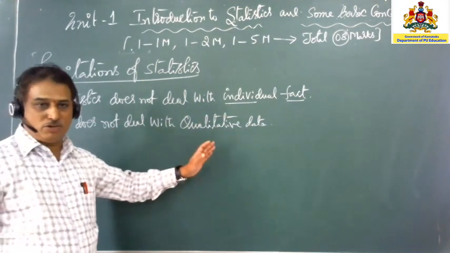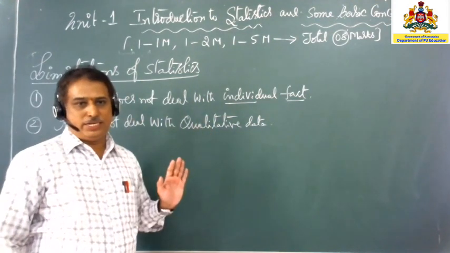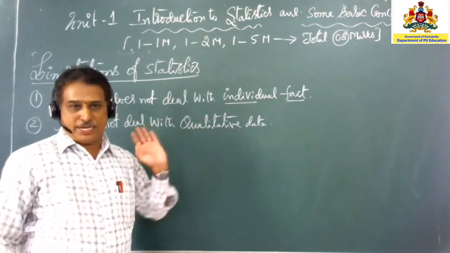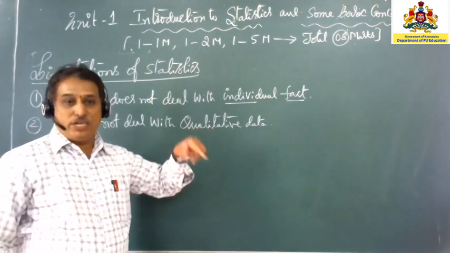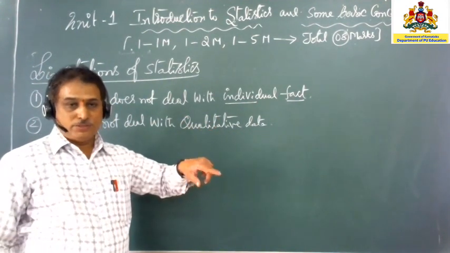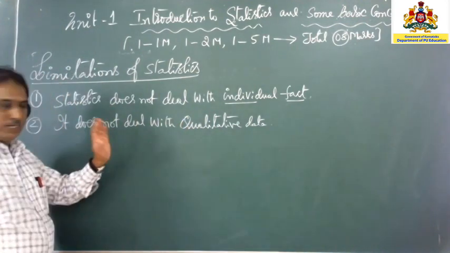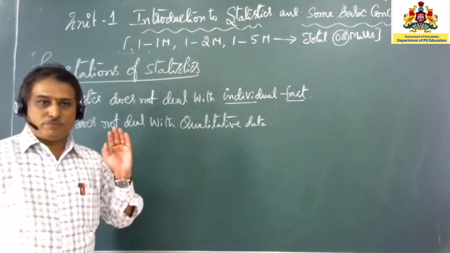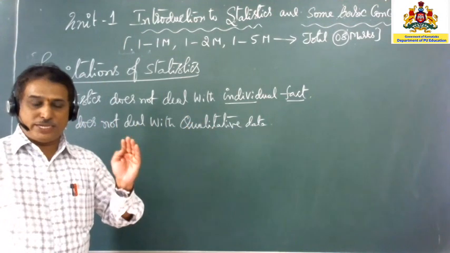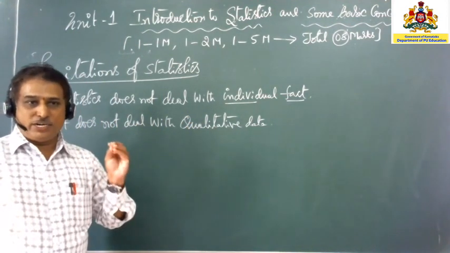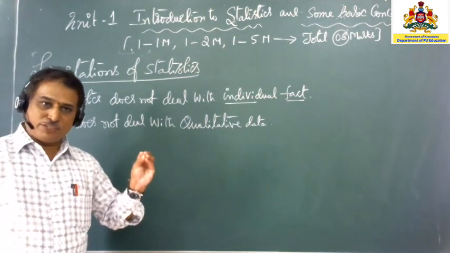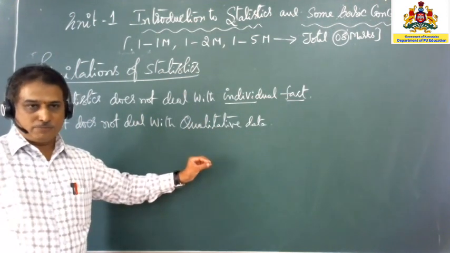Such data is called qualitative data. It refers to attributes. If the data is qualitative, statistics does not deal with it. That's why statistics always refers to the quantitative characteristics. Qualitative data refers to the attributes.